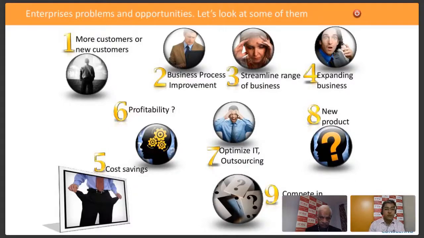So this is more customers or new customers, the desire for process improvement, and the need for streamlining a range of businesses. In some cases we're trying to expand into new industries and new areas. In some cases the enterprises are trying to consolidate and remove everything that is not their core asset, or trying to expand business, become more profitable, optimize IT investments, rationalize the portfolios, build new products and services, and save costs.